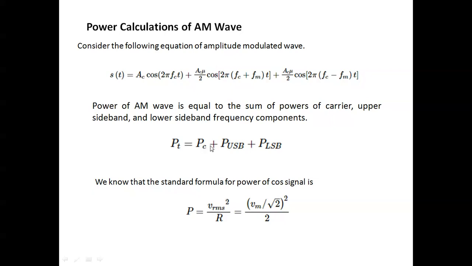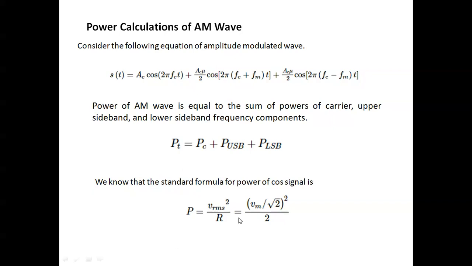In our modulated waveform there are three parts: the upper band, the lower band, and the carrier. We can calculate the power of each of the three parts. PC means carrier power, then upper band power and lower band power. If you add these three, you will get PT, the total power.